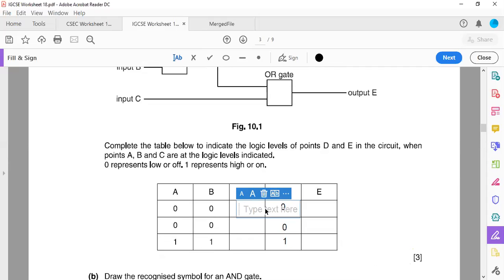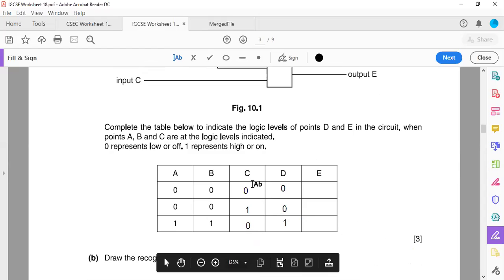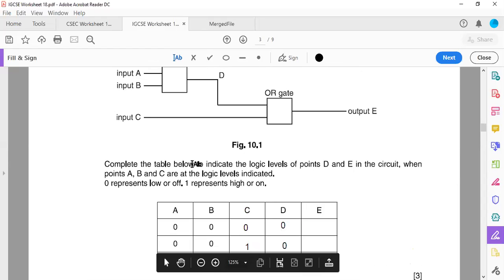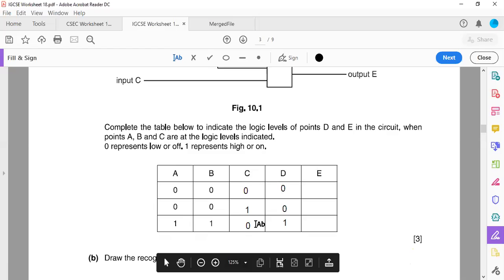C would be 0, 1, 0. Because the first column, any inputs, we're going to classify the first column, so it will be 2 to the power 0, which is 1, 0 1 1 1 0 1 1.